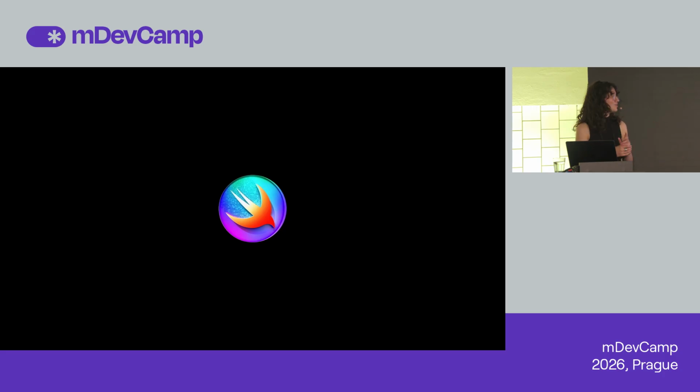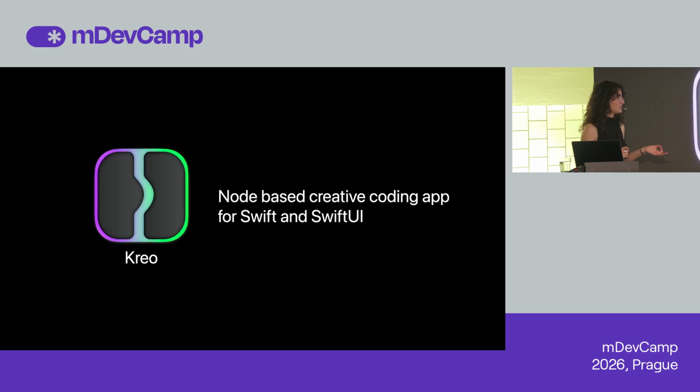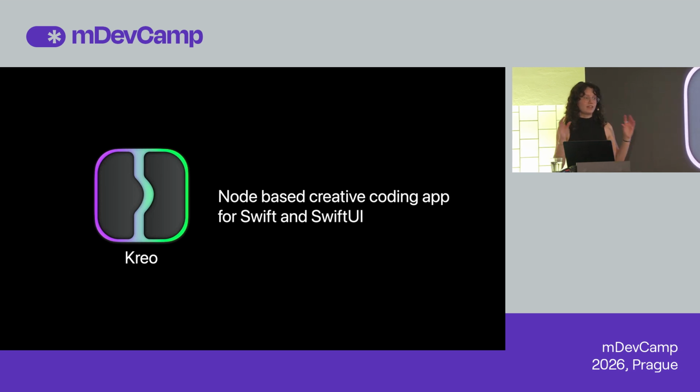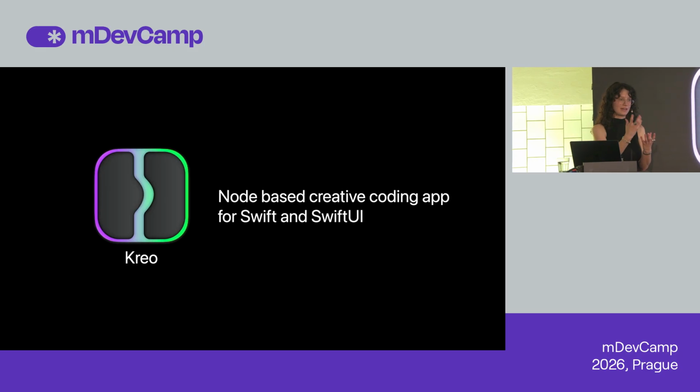It's also a different frustration, if I think about it. That's how I came to build this app called Creo, which is a node-based creative coding app. It lets you create generative visuals by connecting nodes, and then you discover the Swift and SwiftUI code behind that.